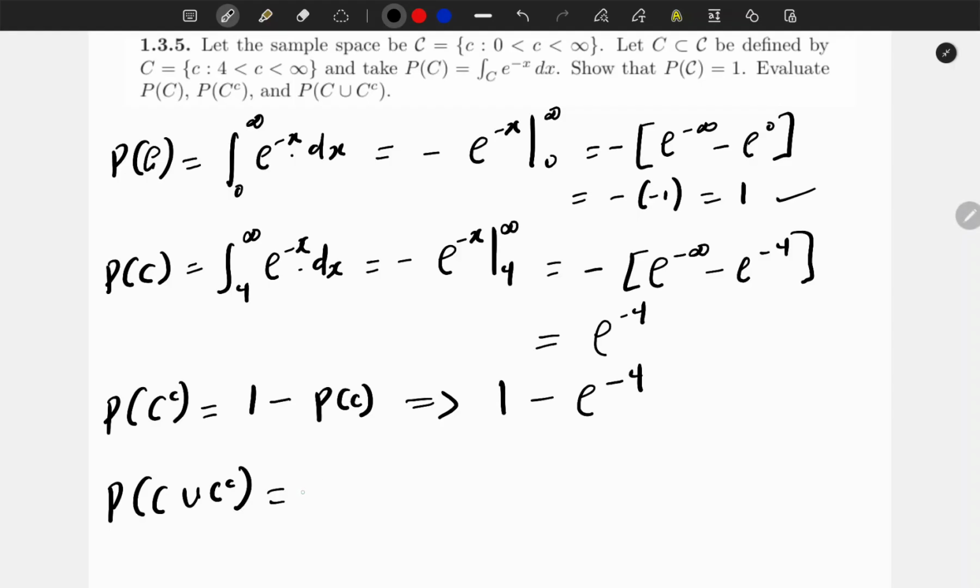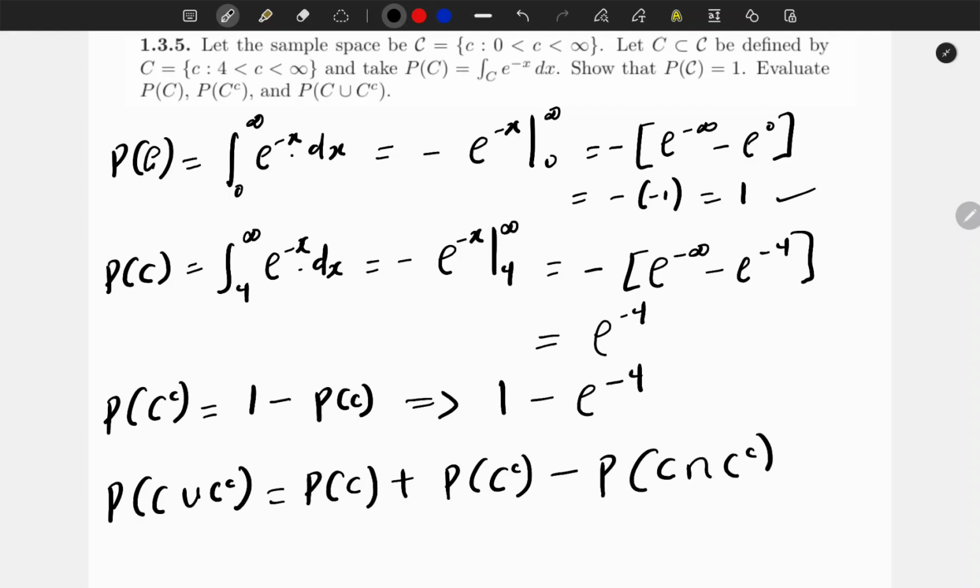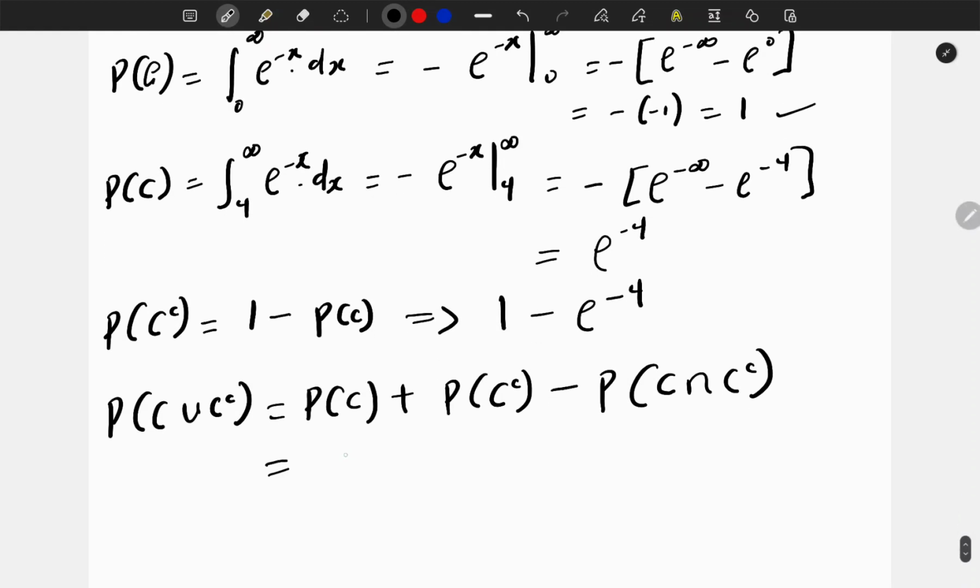We can take it to be the probability of C plus the probability of C complement minus the probability of C intersection C complement. So the probability of C, as we have proved, is exponential minus 4, and the probability of the complement is 1 minus exponential minus 4, and the probability of C intersection C complement is actually equal to 0, and they give us 1.